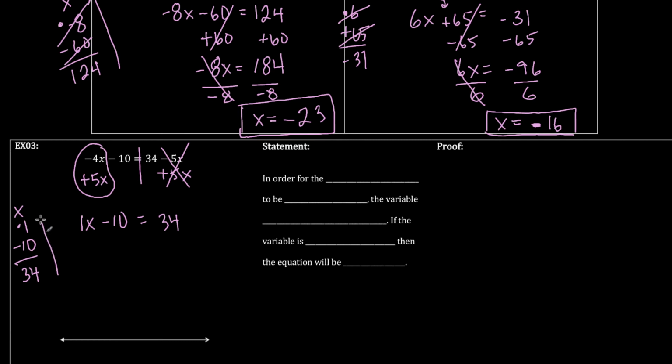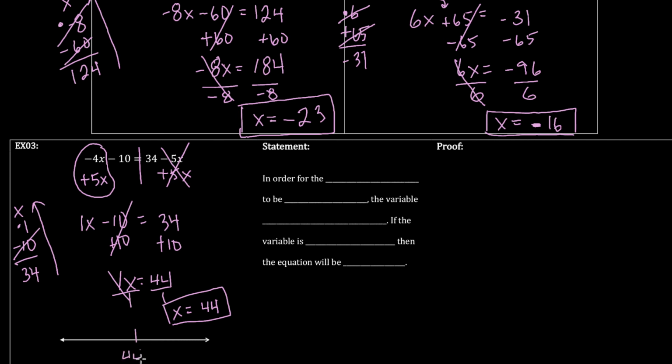The inverse of minus 10 is plus 10, so I get 1x equals 44. Those of you that know that this is your answer, you can just stop here. But those of you that want to see the divide by 1, y'all can write it out. So x equals 44.